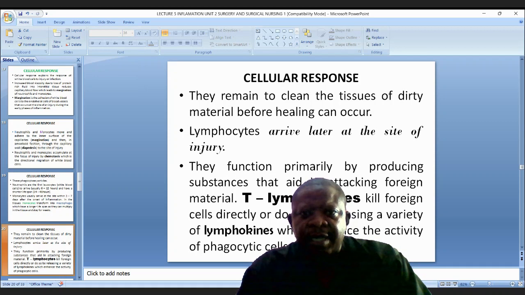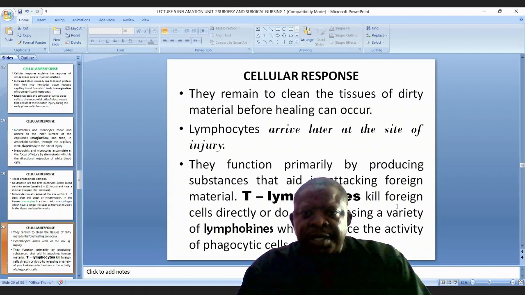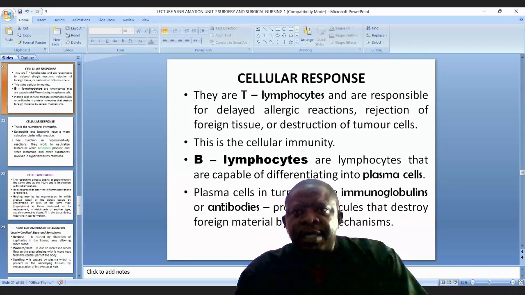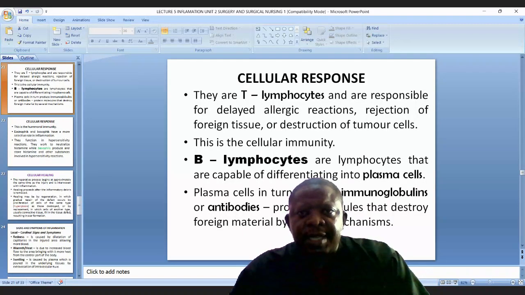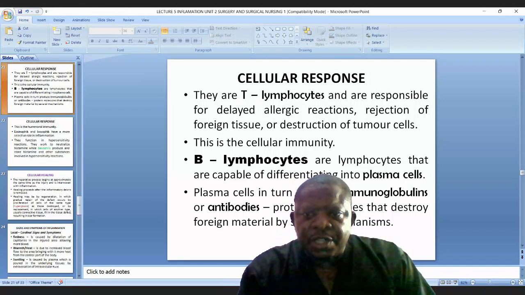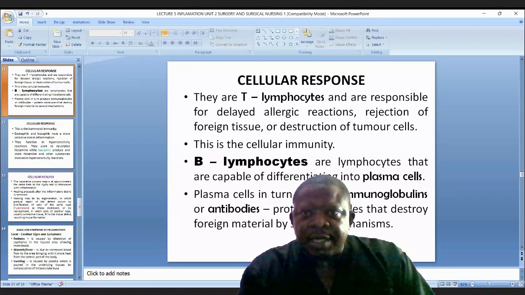So when we have cell response, we're going to have T lymphocytes that will kill foreign cells directly or do so by releasing a variety of lymphokines, which will enhance the activity of phagocytic cells. So the T lymphocytes are responsible for delayed allergic reaction and the rejection of foreign tissue, or reduction of tumor cells.